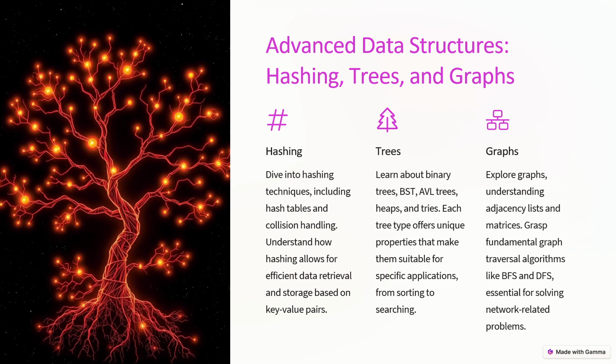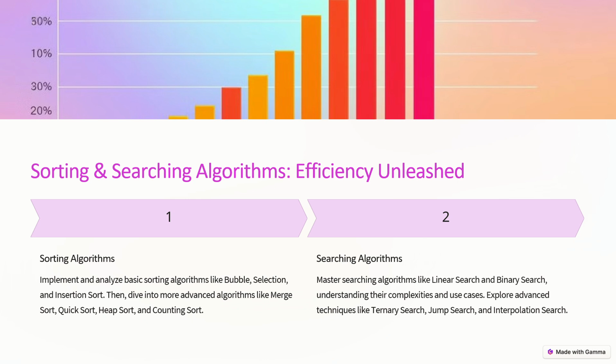So we are moving on to the next topic, sorting and searching algorithms. Sorting and searching are fundamental operations, and here are the key algorithms you should know. Among sorting algorithms, bubble sort, selection sort, and insertion sort are easy, but O(n square).